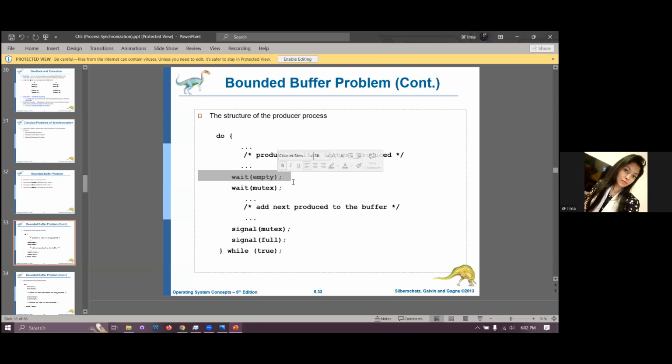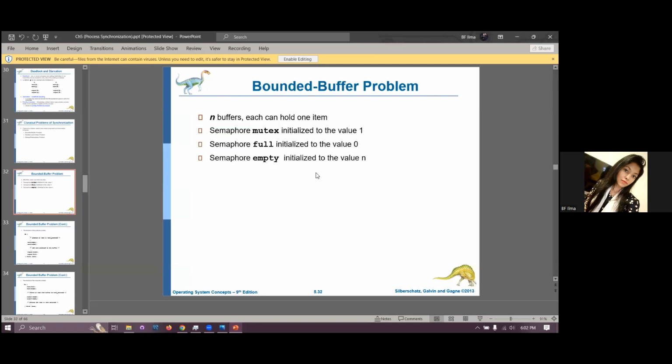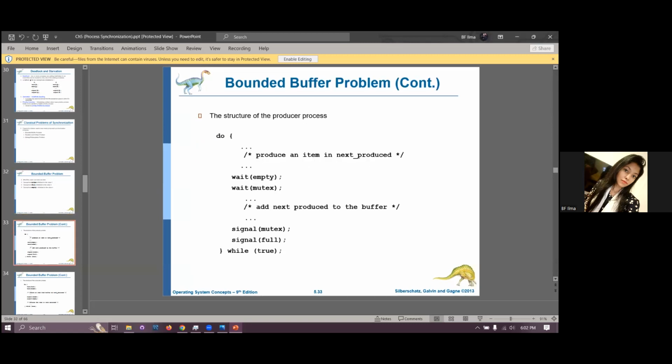Therefore, you have to wait until a buffer becomes empty. Empty as in not the whole thing empty, but you have to wait for one buffer to become empty. So it waits here. If empty was initialized to N, then it's not 0, so it can move on.